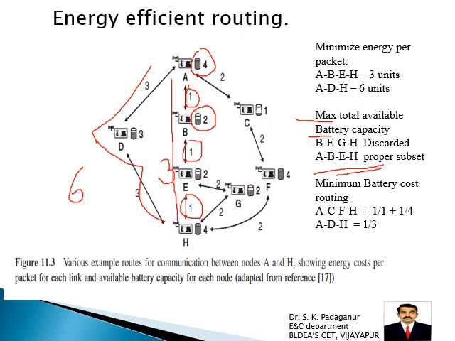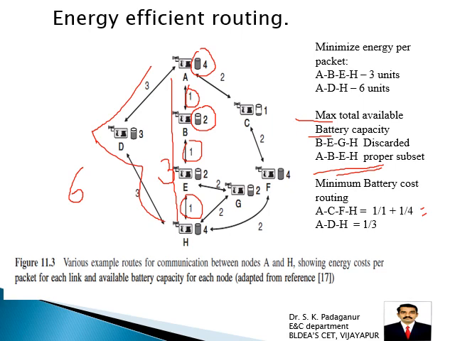Then, minimum battery cost routing. If you take the route ACFH, in the example, route ACFH is assigned a cost of 1 by 1 plus 1 by 4, which is equal to 1.25.